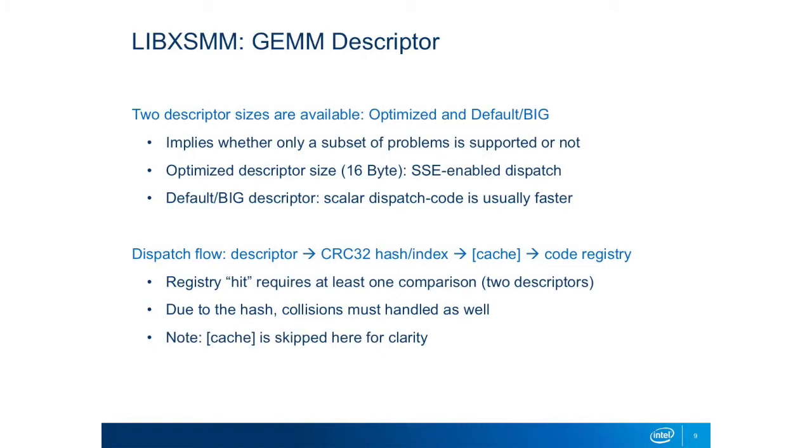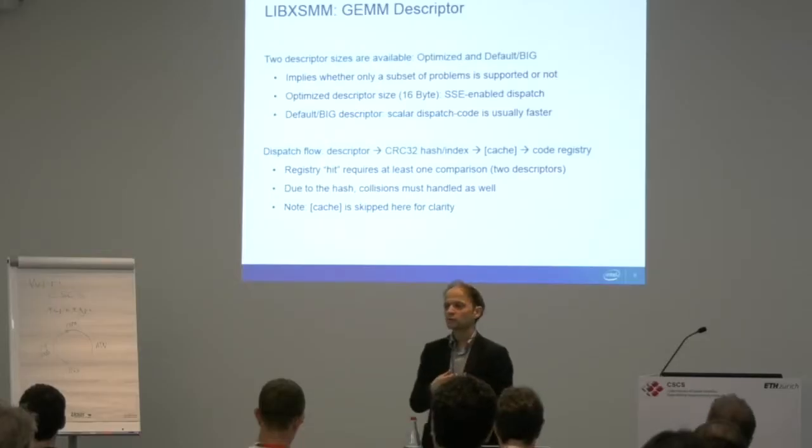The structure has a certain size. In the flow of querying a function, we compute a CRC hash for the whole binary blob of that descriptor. Then we have a first stage to decide if we have a hit in the code registry. That goes through the thread local cache, but it may end up in the code registry and just pull the code version that is there.